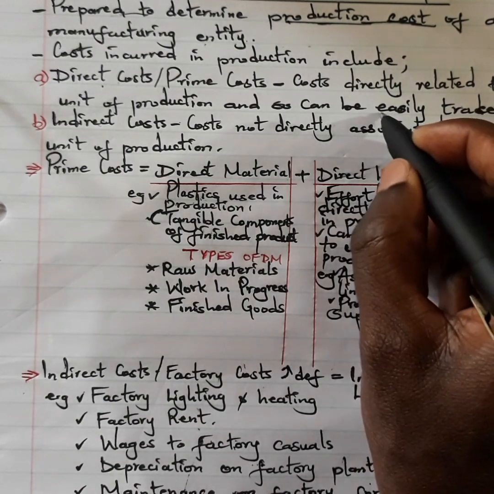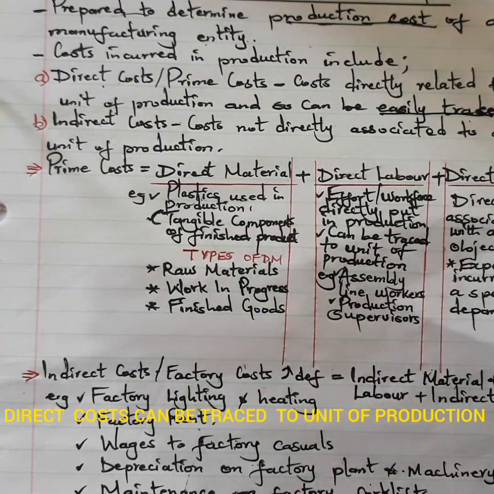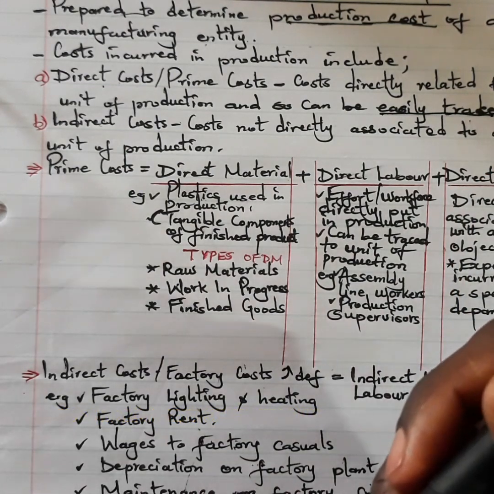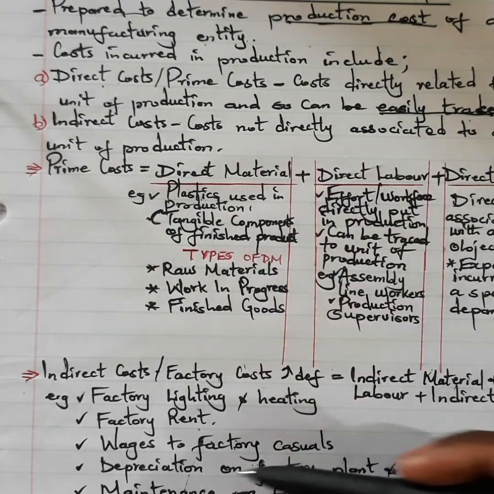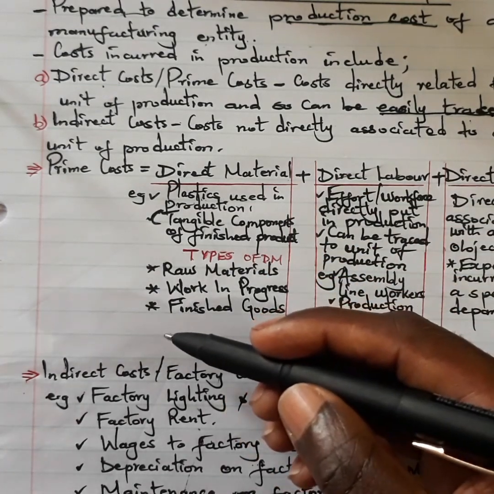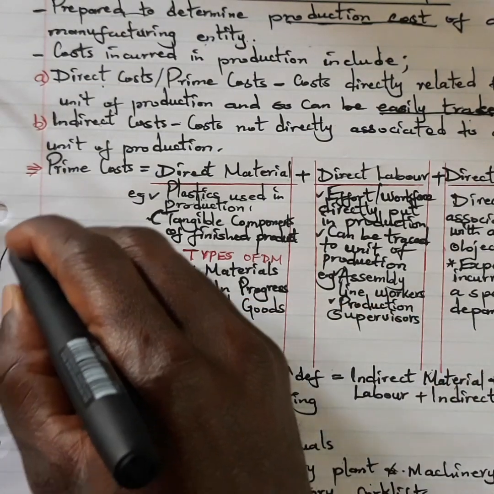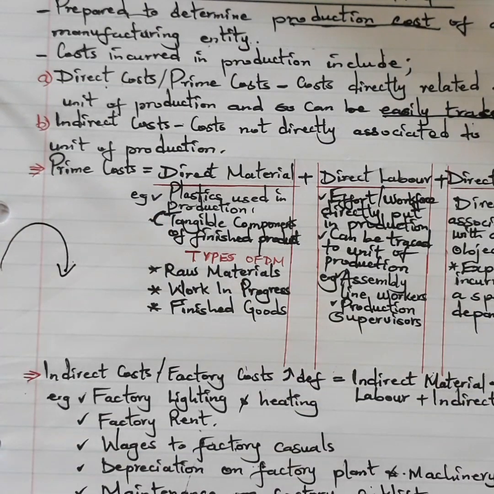It means that when a particular manufacturing entity has its final product at the end of the production, they can easily trace back, work back, and find out the costs which were incurred throughout the production cycle until the finished good is processed. Remember, we have a production cycle. We can easily trace back and find out actually what took place with that.